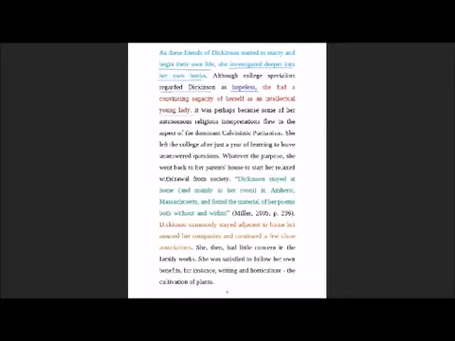She has skillfulness, masterfulness. It was perhaps because some of her autonomous religious interpretations flew in the face of a dominant Calvinist Puritanism.